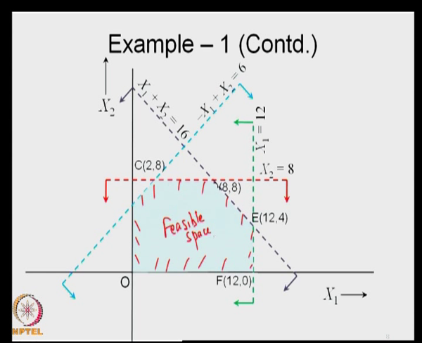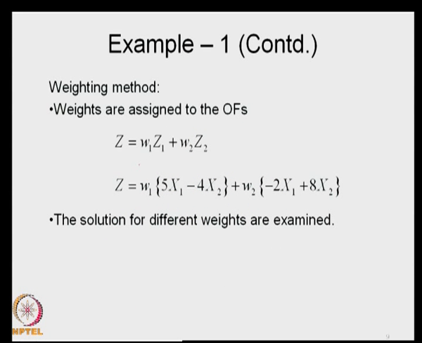Now, within this feasible space you need to look at the optimal solution, because there are two objective functions now. What we will do is we will assign weights w1 z1 and w2 z2. So, this is what we do.